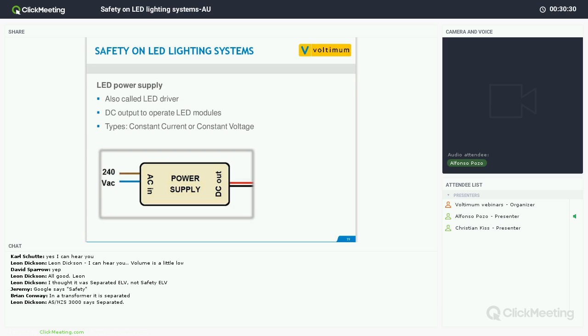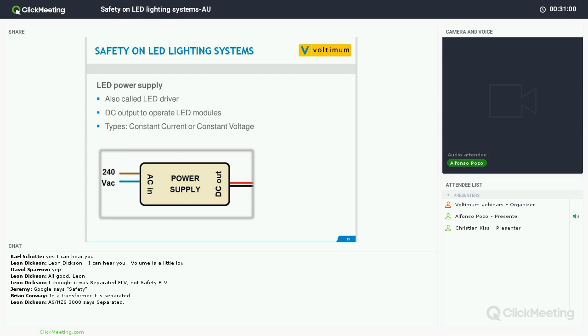And well, moving on to basically a definition of LED drivers and power supplies. They are one of the most important critical parts of an LED luminaire. They supply the adequate DC power to run LED modules, supplying forward voltage and forward current. There are two main types of LED drivers.